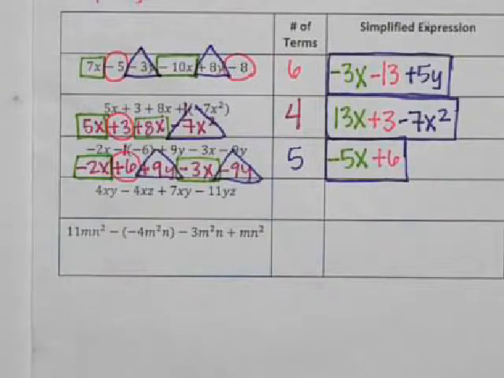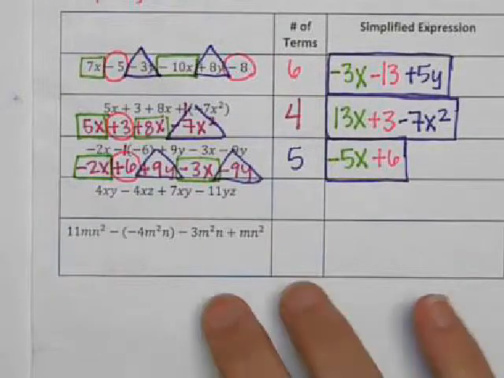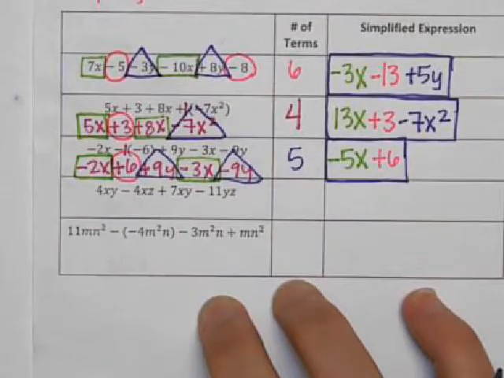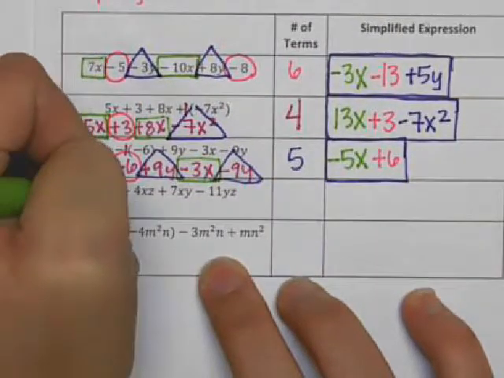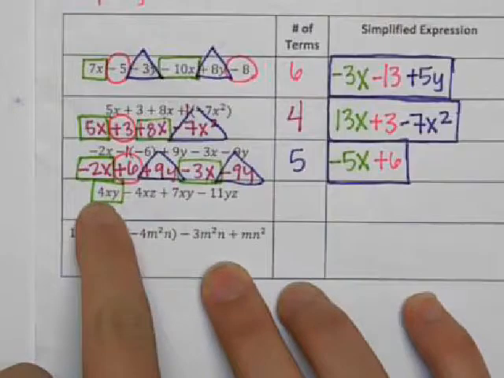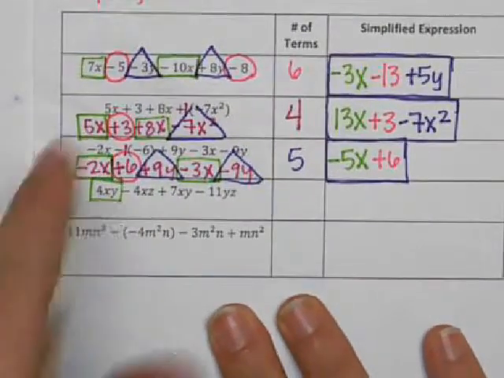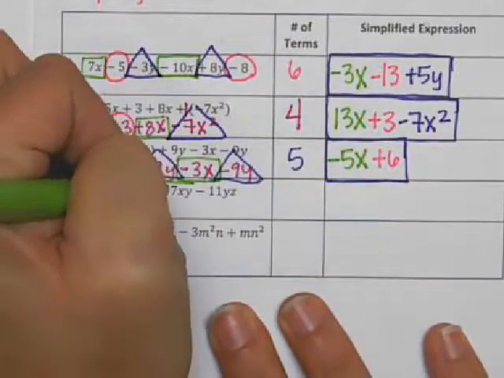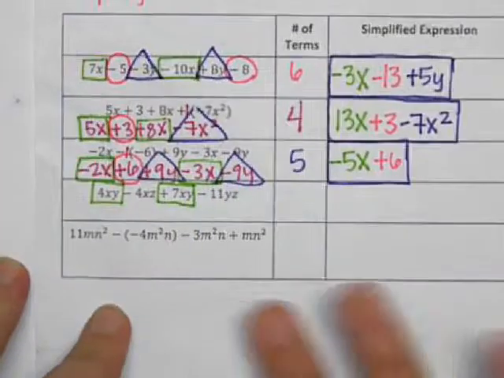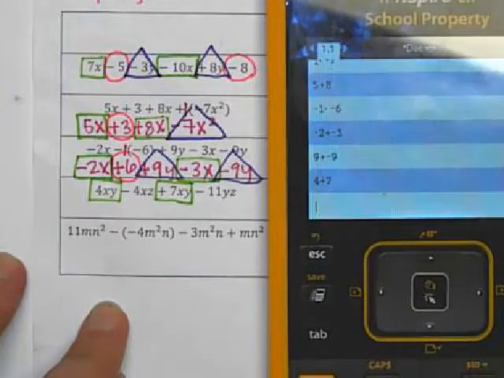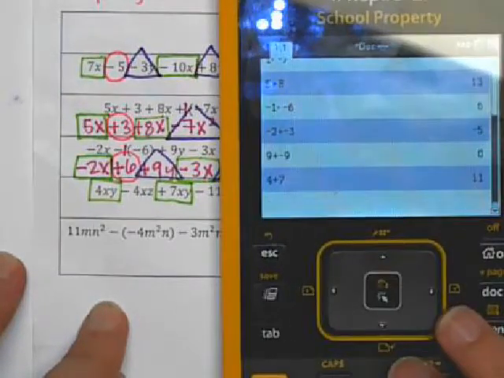Okay, for the fourth problem, I don't have any parentheses here, so I'm ready to go ahead and combine like terms. So I'm going to box my first number, 4xy. And the only other term that has xy is this +7xy. And I'm going to combine 4 plus 7 and get 11.